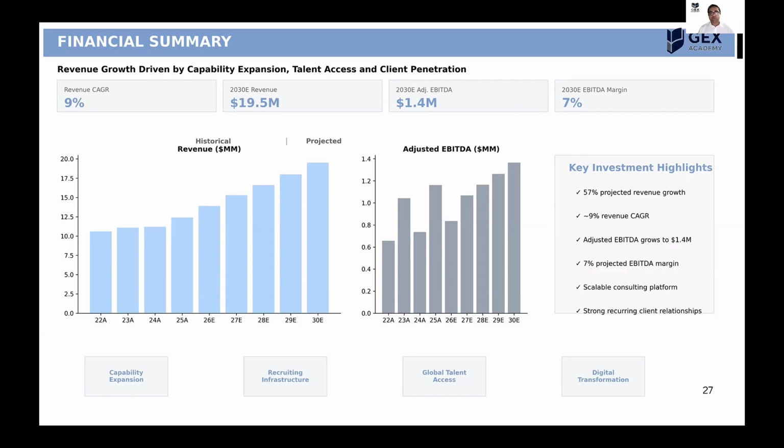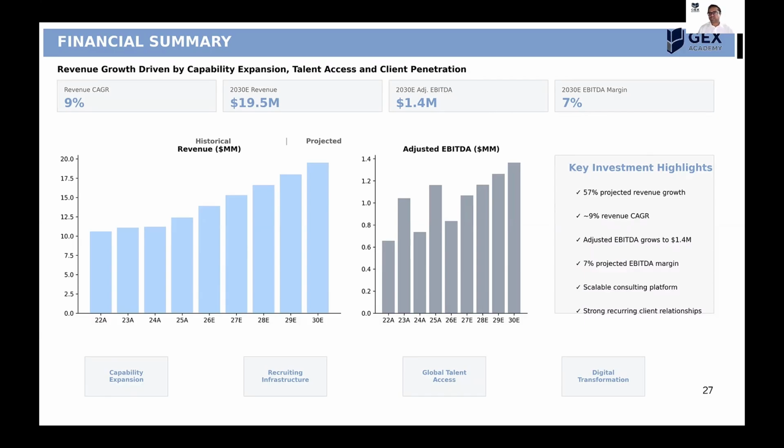Starting with revenue, we see the business growing from approximately 12.4 million in 2025 to approximately 19.5 million by 2030. That represents roughly 57% cumulative revenue growth over the projection period and approximately 9% annualized growth, right? What is important here is management is not necessarily relying on a completely new business model to achieve the growth.